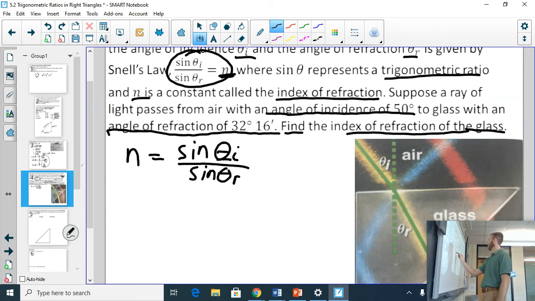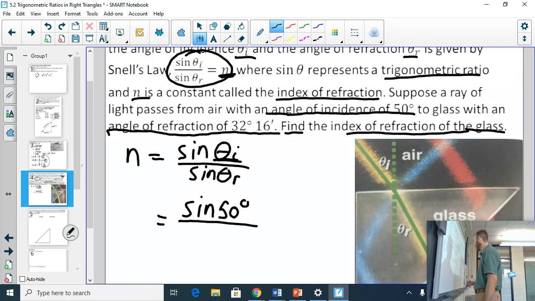So we have sine of 50 degrees. And then on the bottom, the angle of refraction is sine of 32 degrees and 16 minutes.